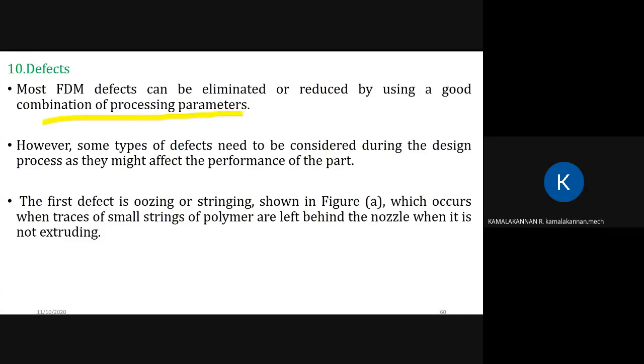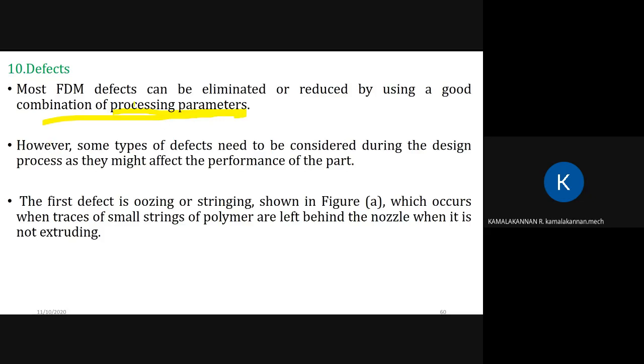So it shows that in 3D printing, you can easily avoid the defects and get a good finished product compared to conventional manufacturing processes. But it can be achieved only by a good combination of processing parameters and the knowledge of the operator, who should have thorough knowledge of each and every process equipment and adjusting ability, so that you can avoid the defects.